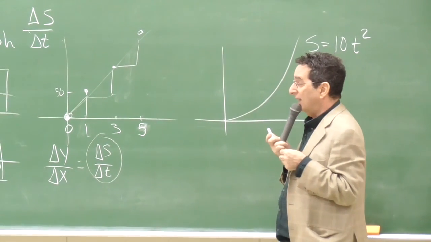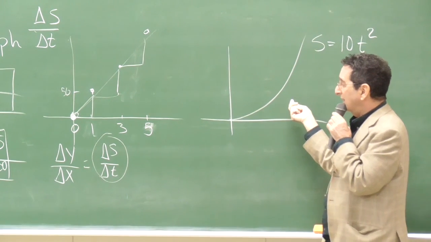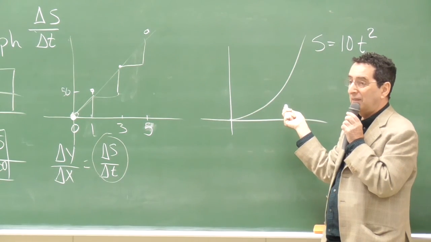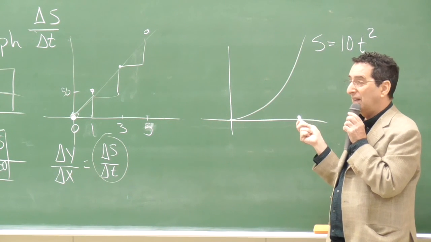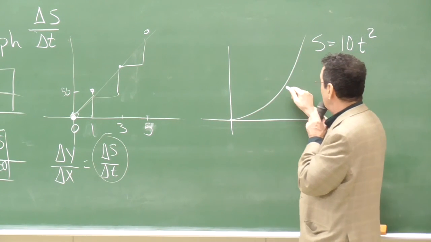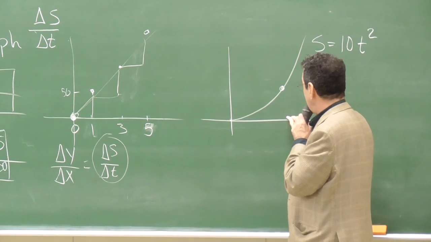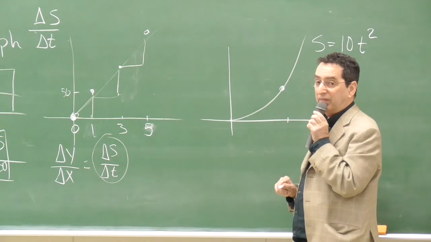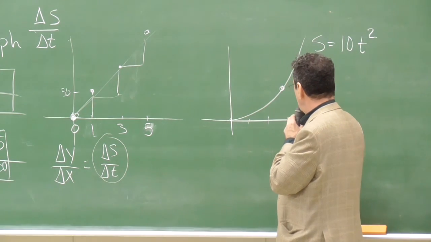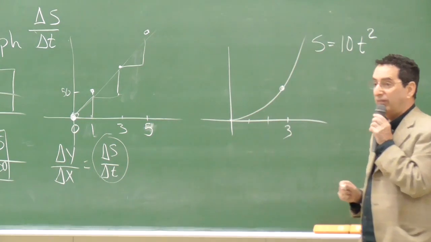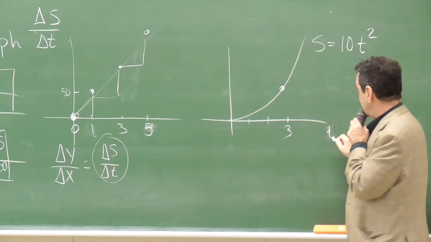Now, the question that he struggled with, somehow he must have come up with this, or somebody else came up with it first. But then he struggled with, he said, well, what is the speed exactly here? Exactly when t equals 3 seconds. Okay, remember this is time in seconds.